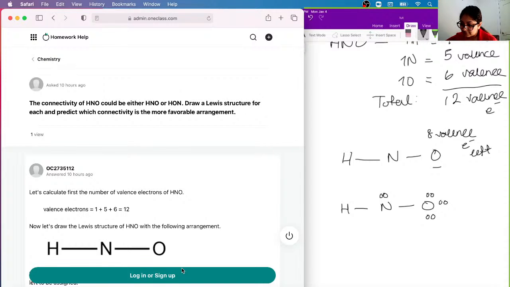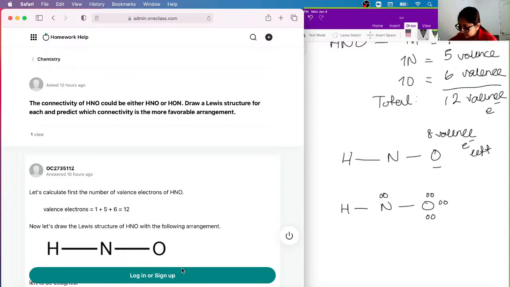Nitrogen can make 3 bonds, and it has 2 lone pairs.